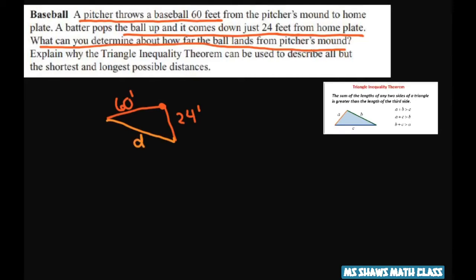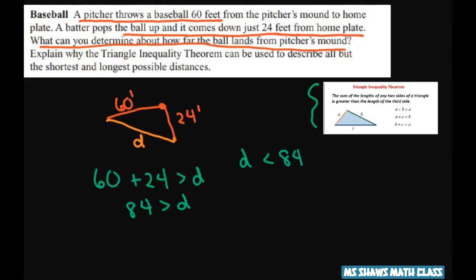So basically, we can set it up as 60, using our triangle inequality theorem, plus 24 has to be greater than the distance. So 84 has to be greater than d, or we can say d is less than 84 feet. And then we do the same thing.